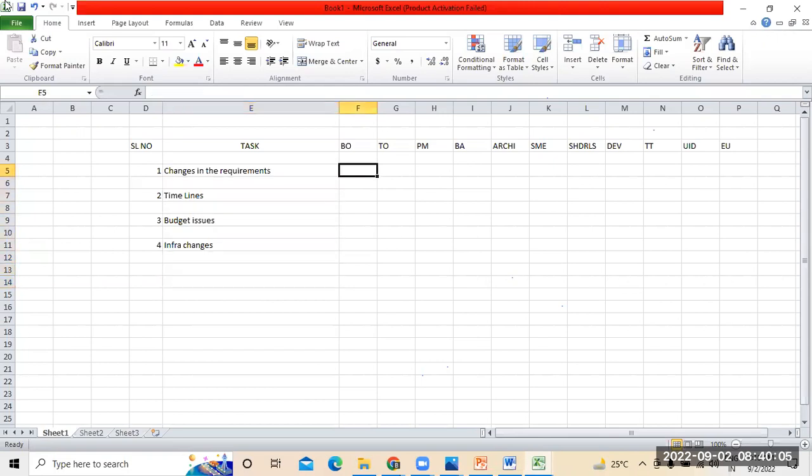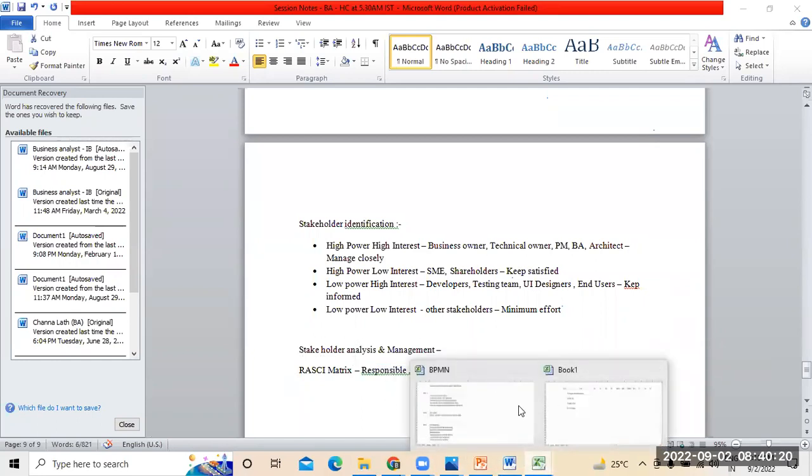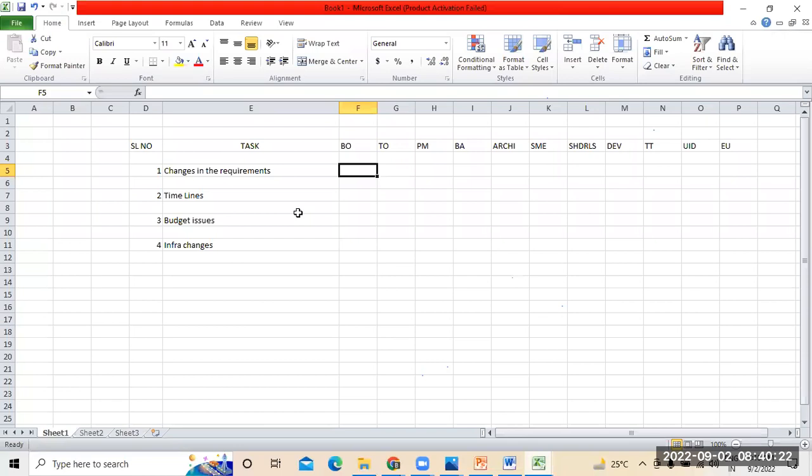Now, when you talk about changes in requirements in reference to the role of the business owner, let us incorporate this RACI matrix into this. The RACI matrix is what we use for stakeholder analysis and management. Is the business owner responsible for changes in requirements? Is he accountable?